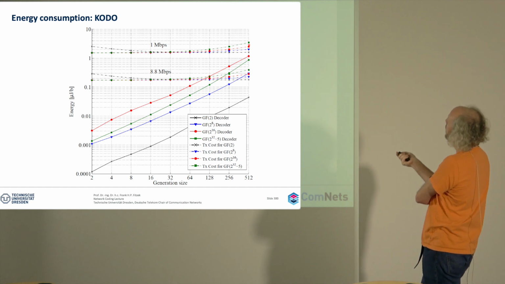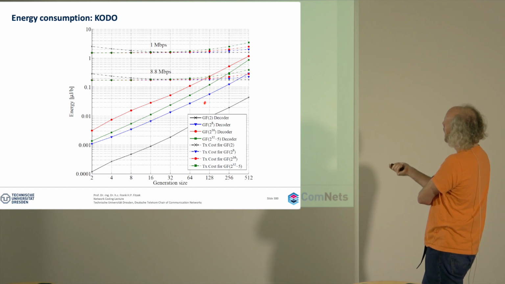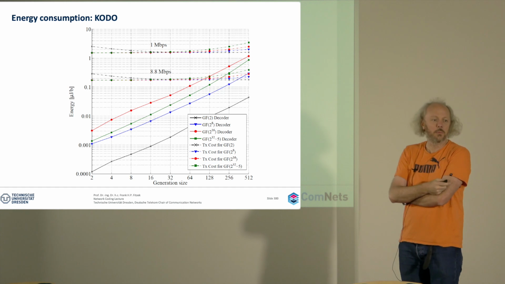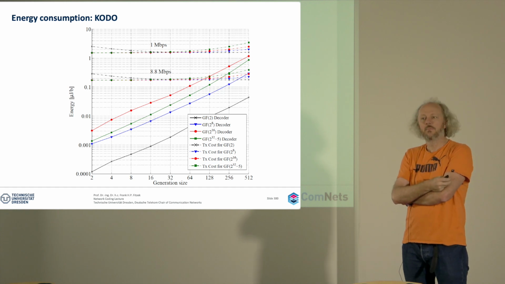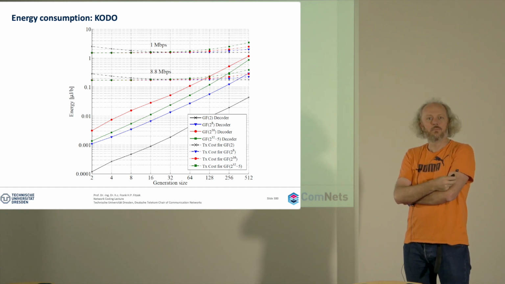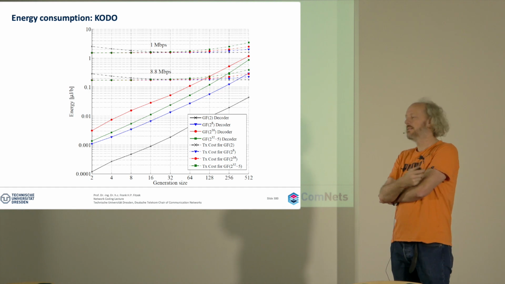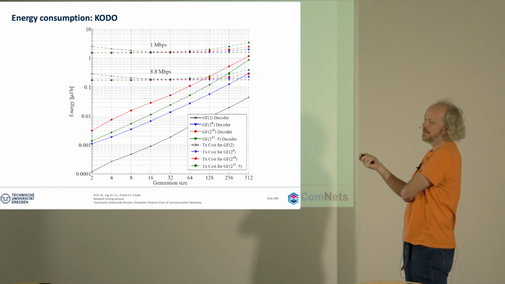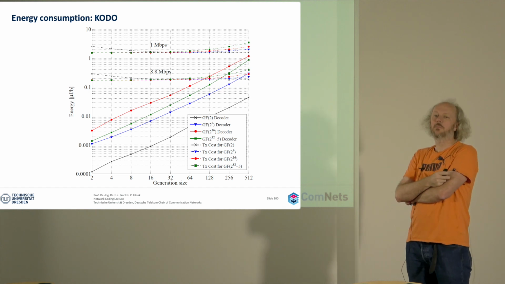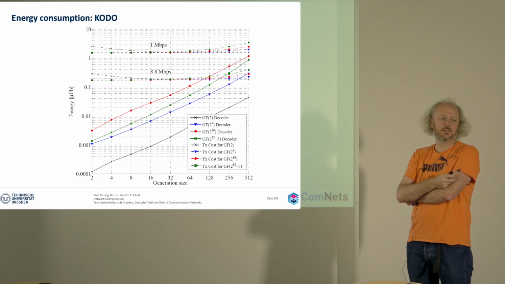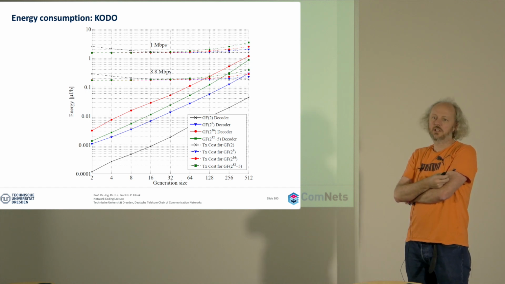Good, let's go to the other side. The same fading out here, but this time our binary is not affected. It's staying still, but the others are fading out. What is this? Why do we transmit more bits? This is the message. Why do we transmit more bits when we have higher fields for large generations?